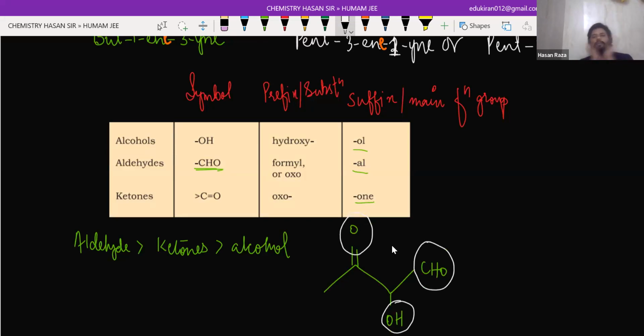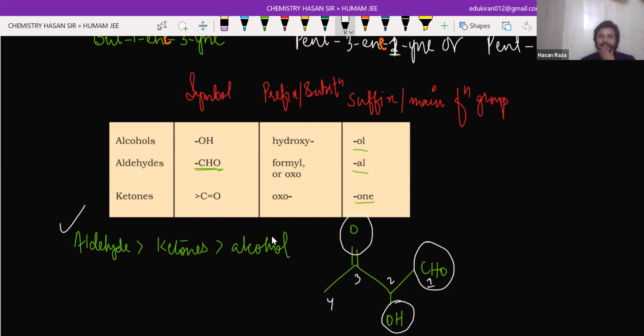Three functional groups are there, in which aldehyde is the senior. So numbering will be done on the basis of aldehyde: 1, 2, 3, and then 4. The rest two functional groups will be treated as substituents, or branches. As I told you, a functional group has two names: as a suffix when it is the main functional group, and as a prefix when it is a substituent.